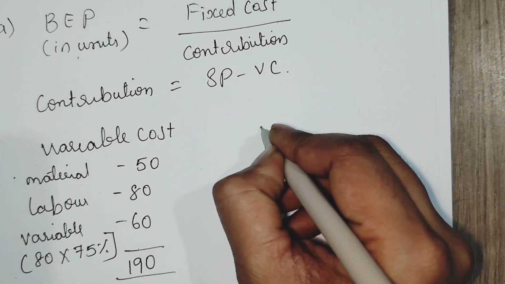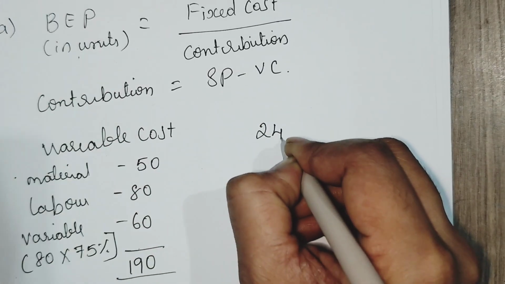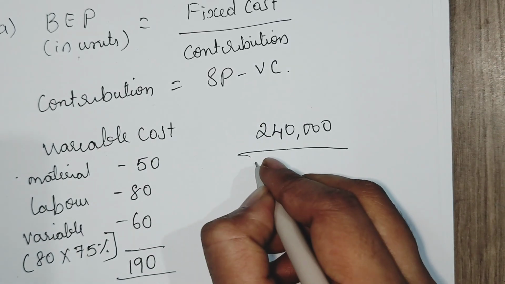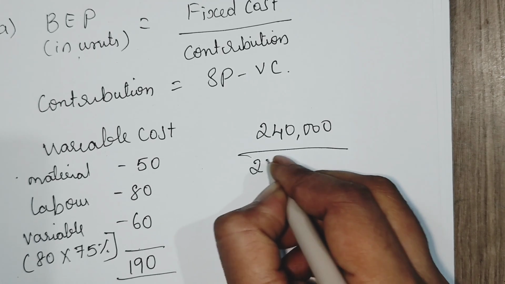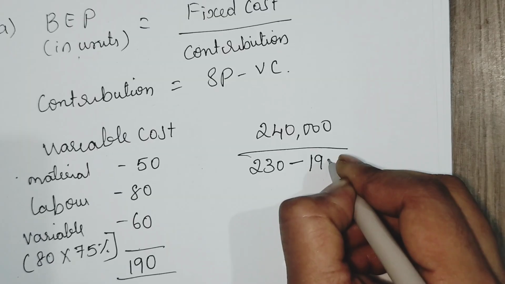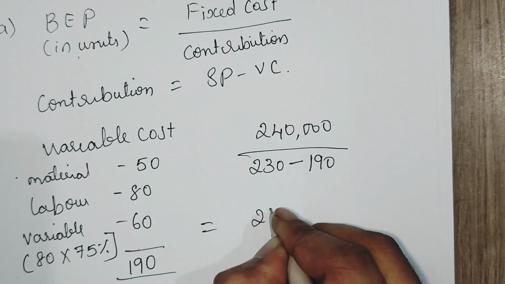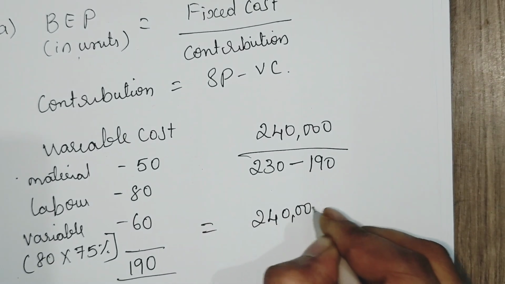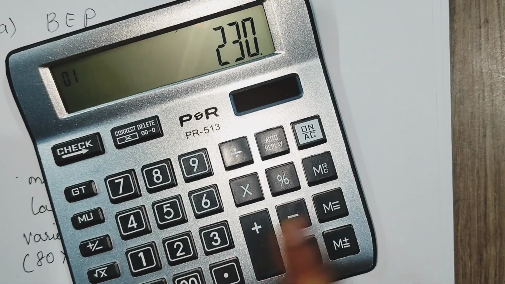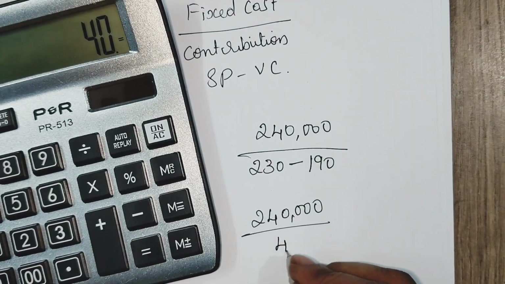Fixed cost is 2,40,000, selling price is 230 per unit, and variable cost is 190 per unit. So 2,40,000 divided by 230 minus 190, which is 40.